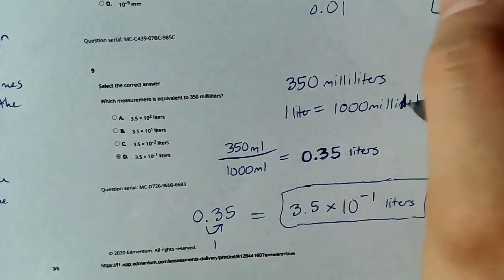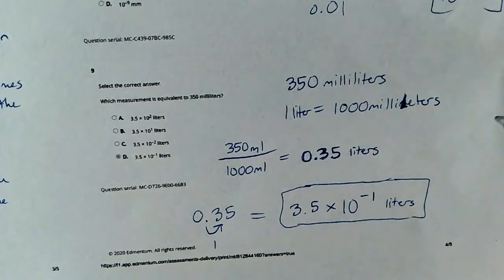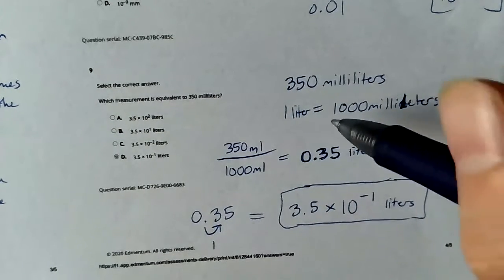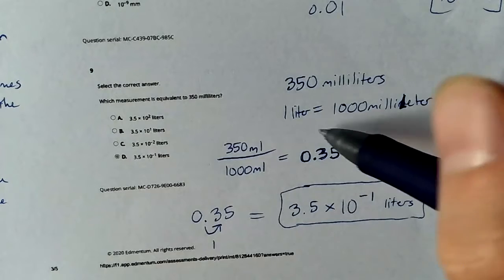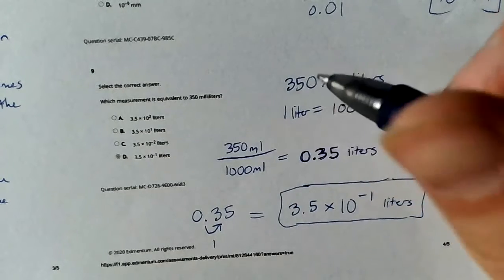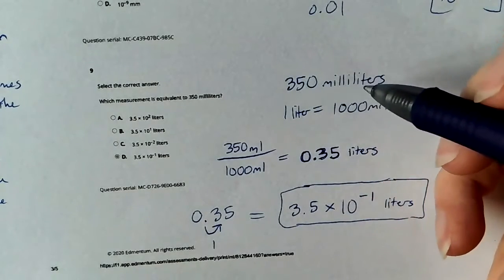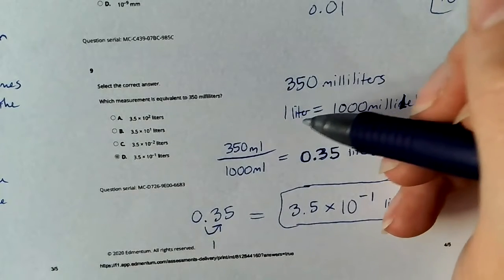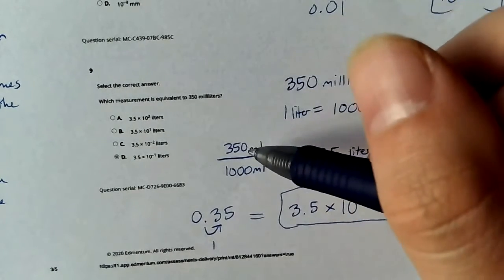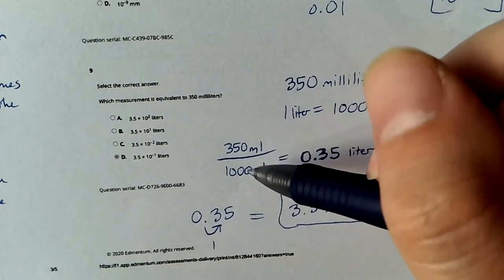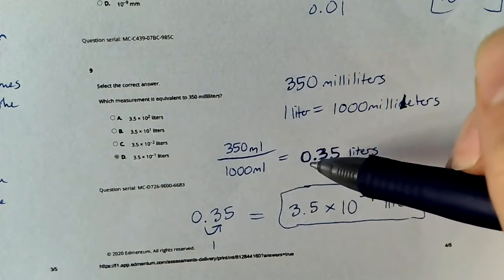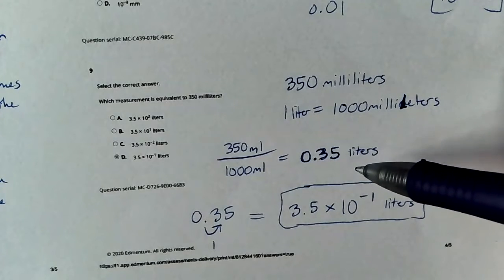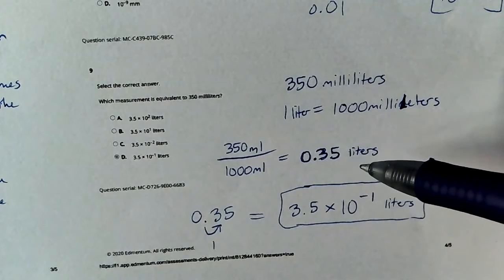So if we know 1,000 milliliters are in 1 liter, how much is 350 milliliters? Obviously that's less than 1 whole liter. So we have 350 milliliters divided by 1,000 milliliters. That equals 0.35 liters.